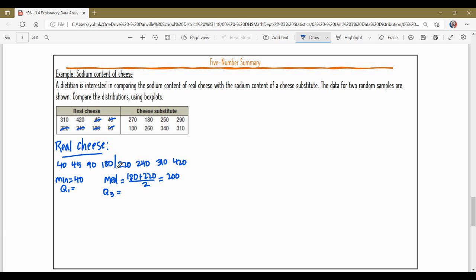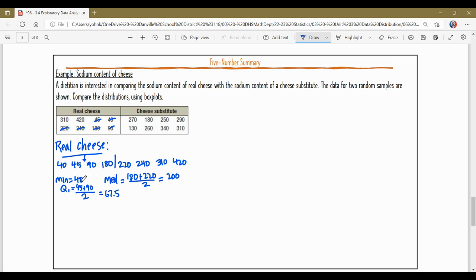Now that I know my median, I can go back and say that my Q1 is going to be in between 45 and 90. So if I do 45 plus 90 and divide by 2, I get 67.5.